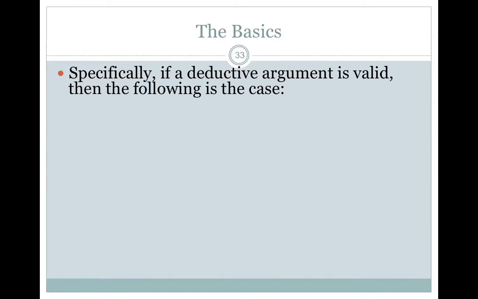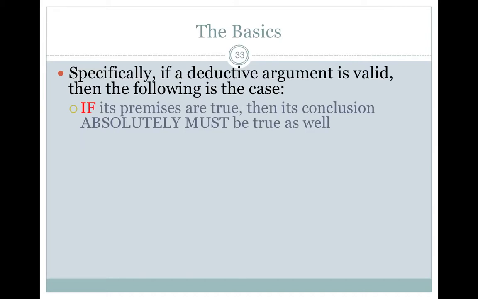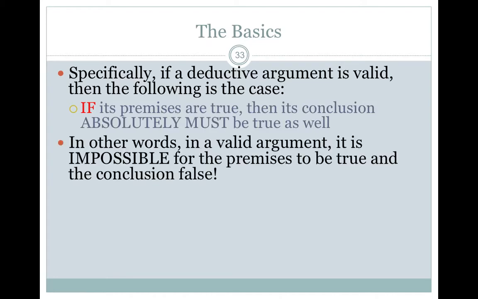Now here's the definition of what it means for an argument to be valid. Please pay careful attention to this. If an argument is valid, then this is the case: if the premises are or were true, then its conclusion absolutely must be true as well. You should pause the video at this point and read that a few times.